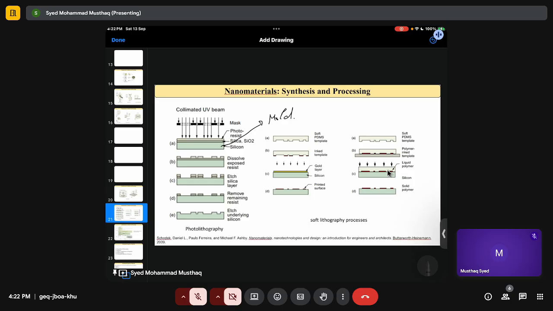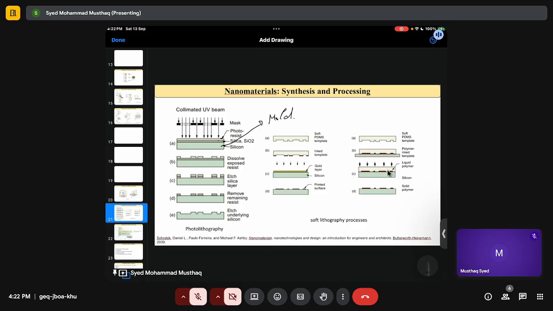Positive is nothing but whenever you apply a UV beam, it will react. That is positive. If it is negative, that means it will not react. There is nothing different. So here let's say the positive, that means it is reacting. You apply photoresist, then you put a mask and apply UV light.